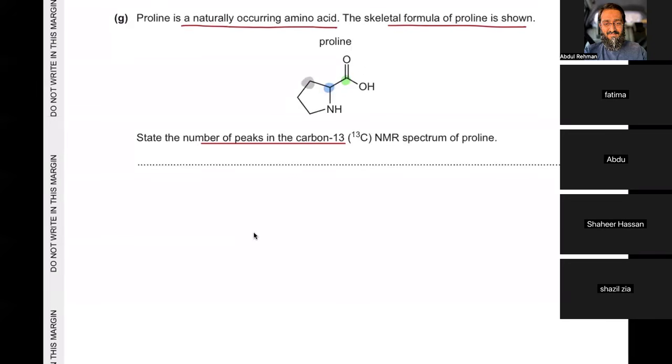We have 5 carbon atoms, and each is chemically different from the rest because of their adjoining and further adjoining carbons. Is this clear?